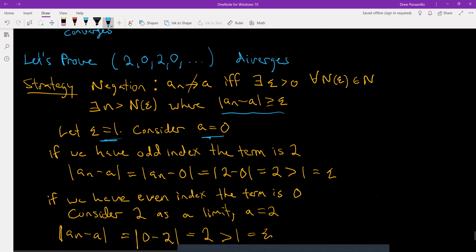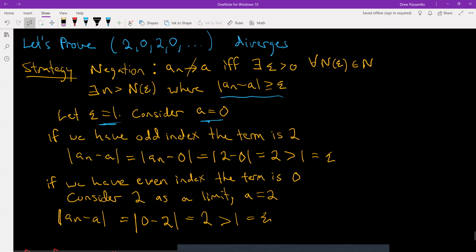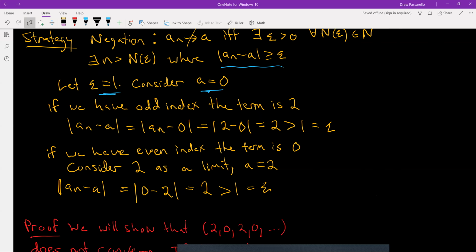Now, if we have an even index and we try to guess that the limit is 2 this time, for all the even index terms we know the nth term is 0. So we have the absolute value of a_n minus a is equal to, and this time we're considering 2 as a limit point.